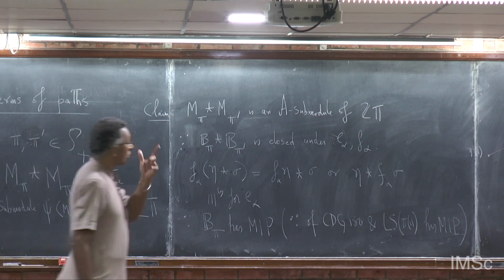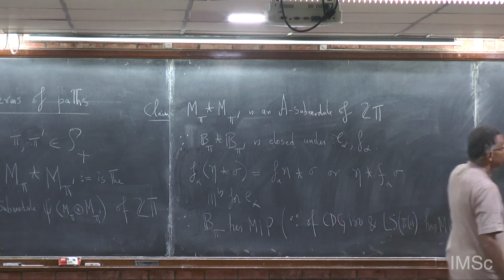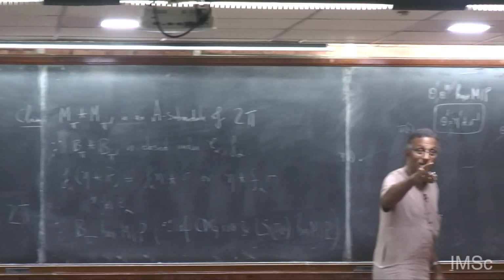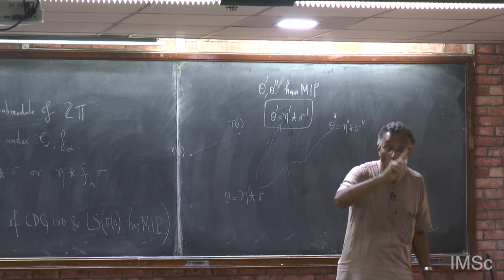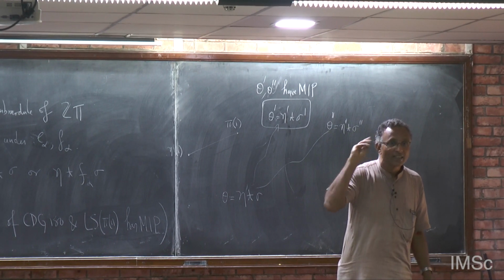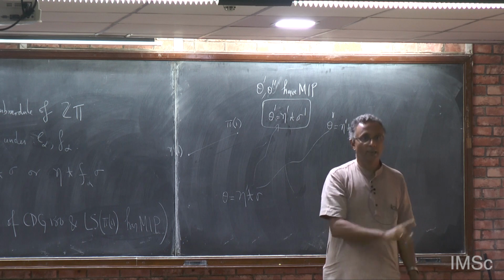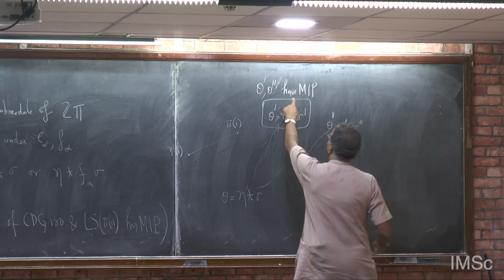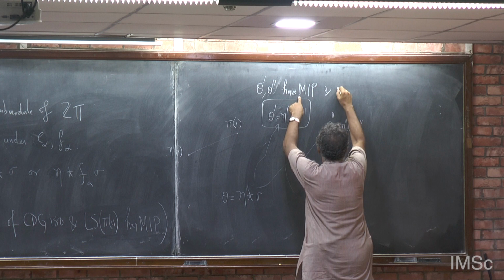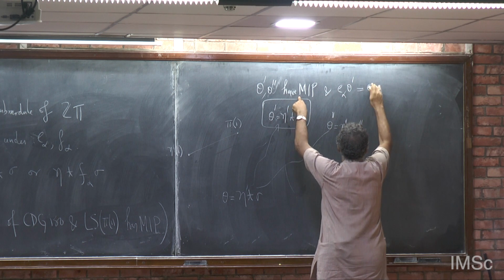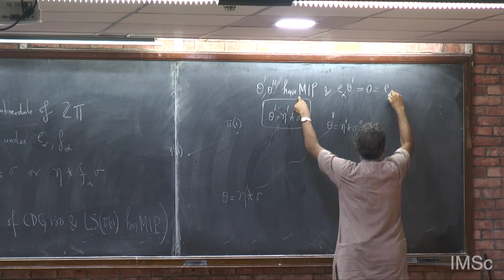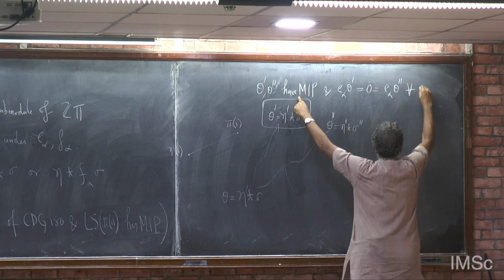So, Shavik, what you said is correct, that this is for all E alpha it is 0, but along with the fact that theta prime has minimal integrality property. So theta prime and theta double prime have minimal integrality property and E alpha theta prime equal to 0 equal to E alpha theta double prime for all simple alpha.